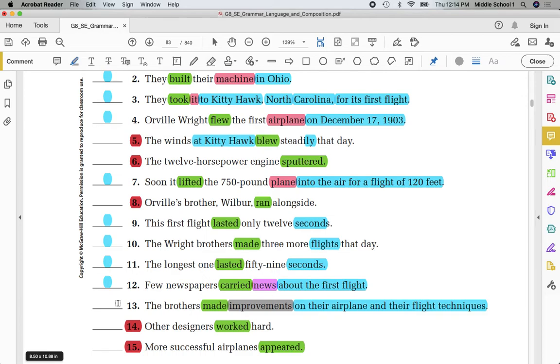That makes this sentence transitive. 14 and 15 are like the other three that are highlighted red up above. Designers, what did designers do? Worked. Worked what? Worked how? The word hard is an adverb. That's intransitive. It does not have an object.